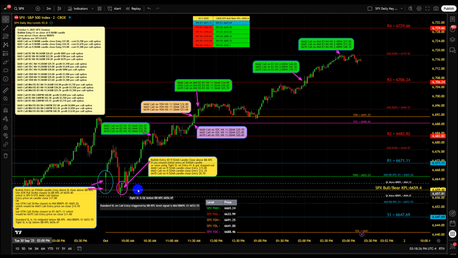So the level that the signal was triggered from is BBKPL, so we simply look to the first midpoint below for our standard SL, and that is the mid BBKPL S1, 66.5355. That is your standard stop loss on this bullish entry.